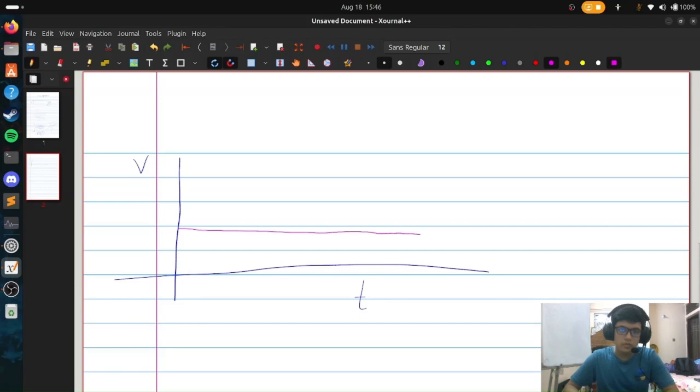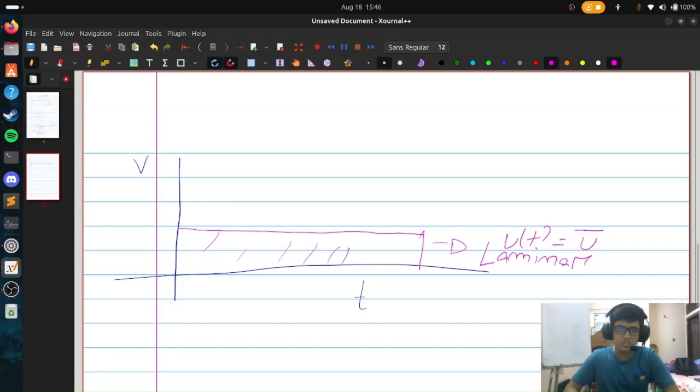It's straight as hell. This one is laminar. But when you talk about turbulent flow, the velocity of the fluid with respect to time has a time-averaged velocity, which is a straight line.